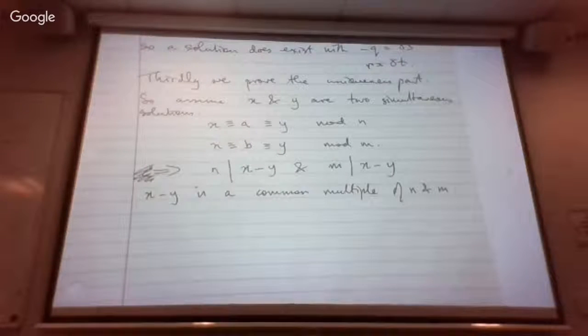Okay. And we proved back in chapter 2, probably, that the least common multiple, similar to the GCD, has a special property. Not only is it the smallest common multiple, it also divides every other common multiple.